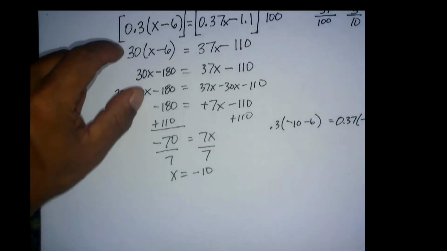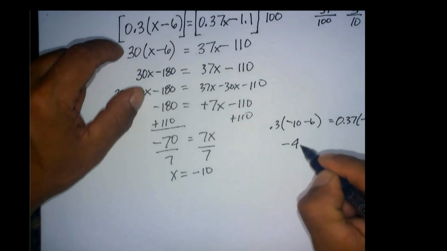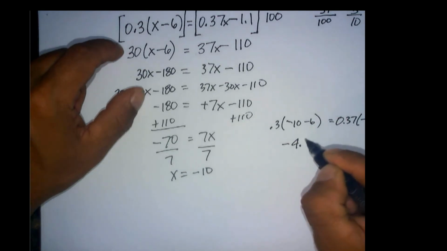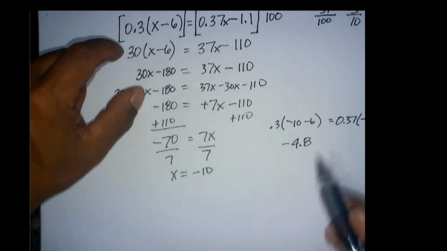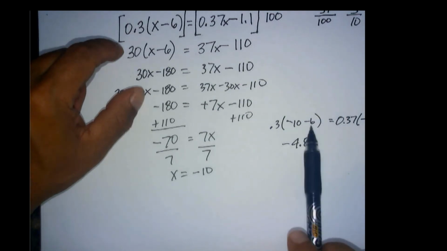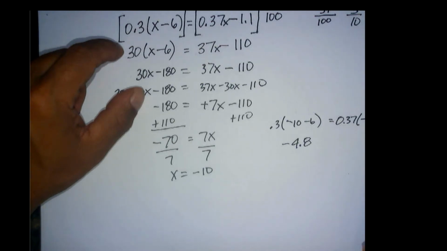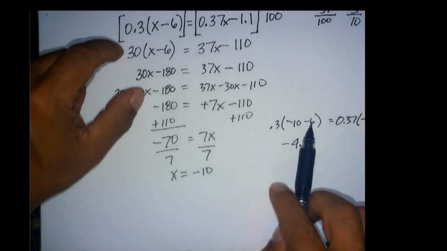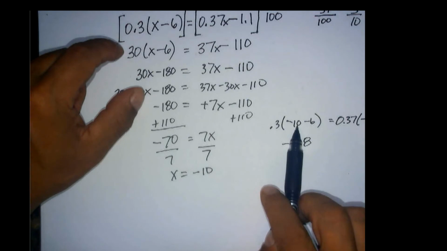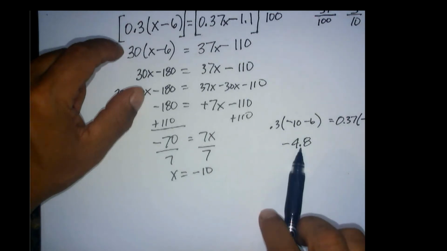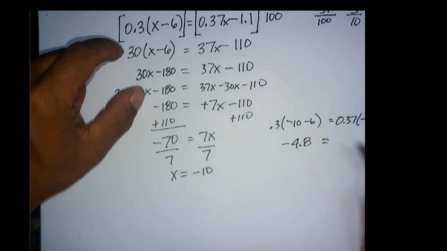On this side, negative 10 and negative 6 is negative 16, and 16 times 3 is 48. But that's got a decimal, so you have to move it back one. And this is negative 3.7 minus 1.1, and you add those up to get negative 4.8. Checks out.